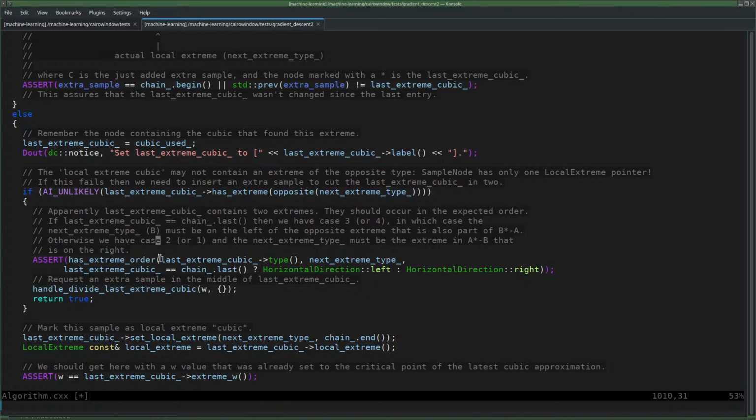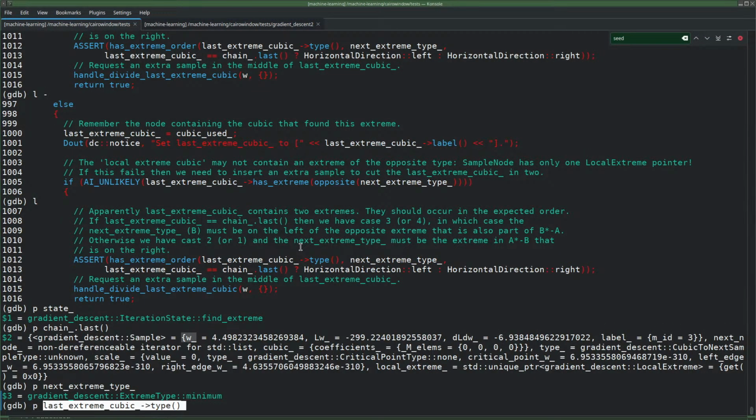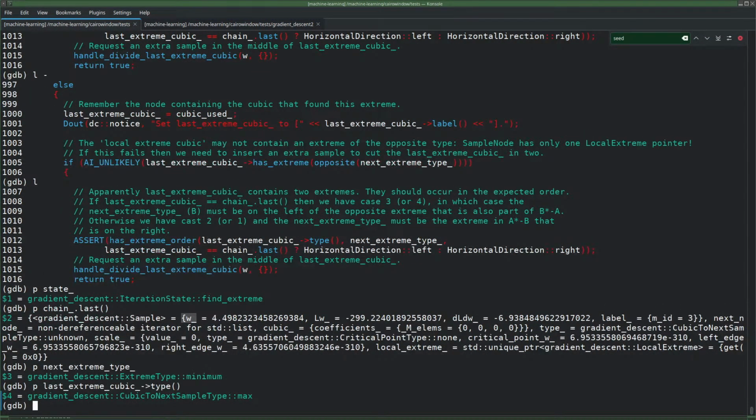Yes, extreme order. What this means is last extreme cubic type. Let's print it. Oh, what?